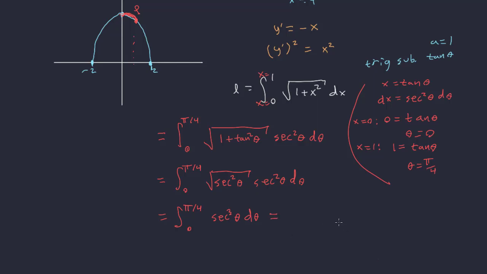Okay, and if we remember, that's that fairly nasty formula using the reduction formula. We've done it a number of times. It's been a while though. It's 1/2 secant theta tangent theta, plus 1/2 natural log of secant theta plus tangent theta.